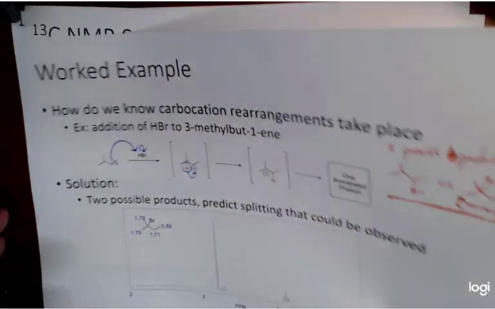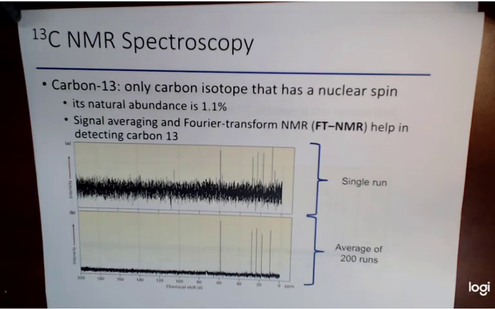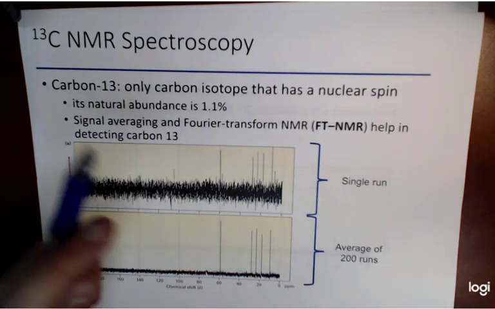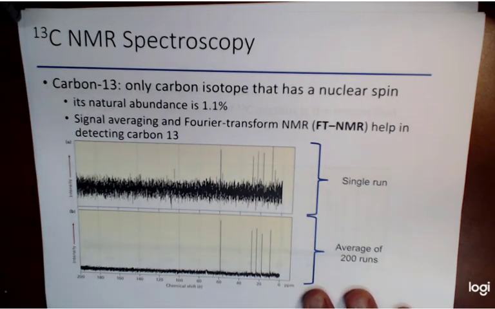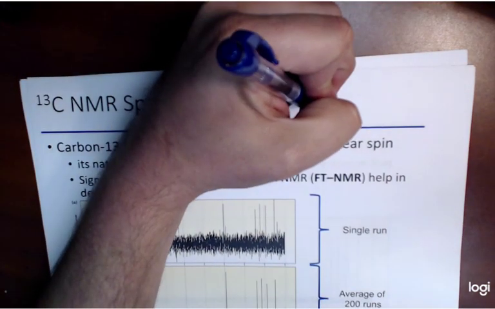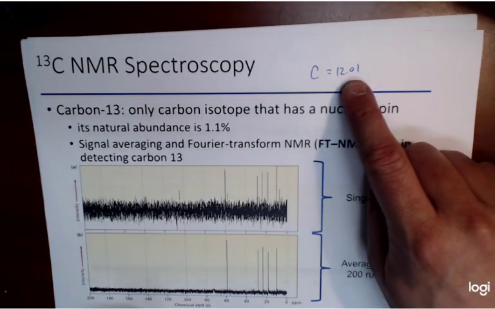All right, so looking at carbon-13 NMR, not a lot to really talk about here because, for instance, when we look at the periodic table, carbon has an average mass of 12.01. Remember, that average mass comes from all isotopes of carbon, which is mainly carbon-12 and carbon-13.